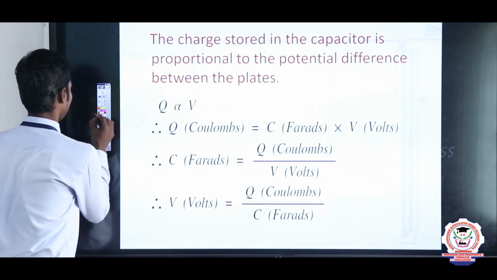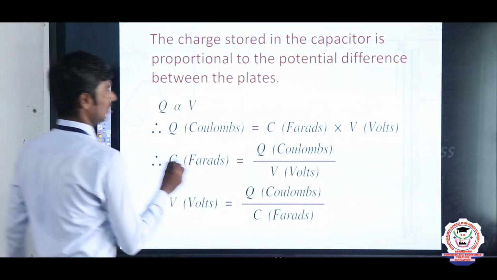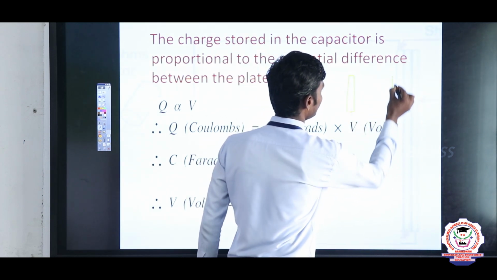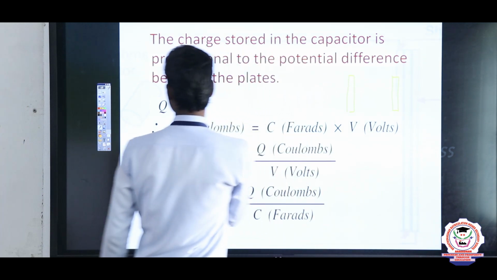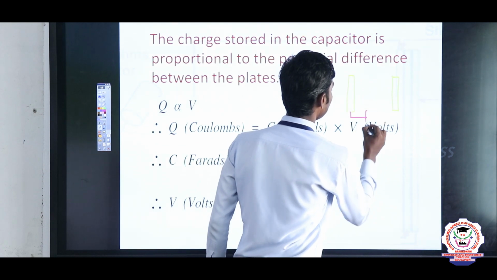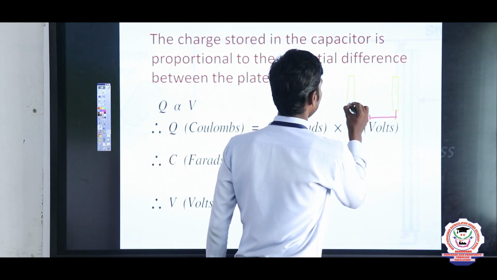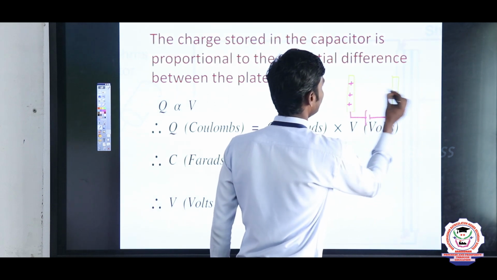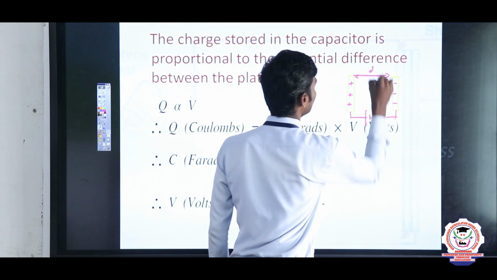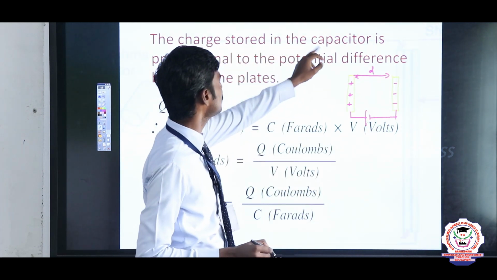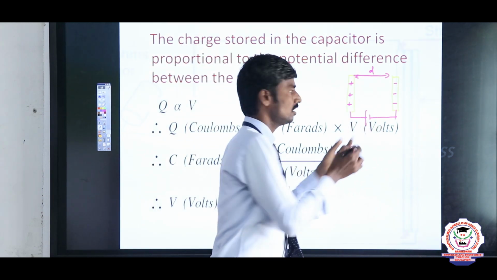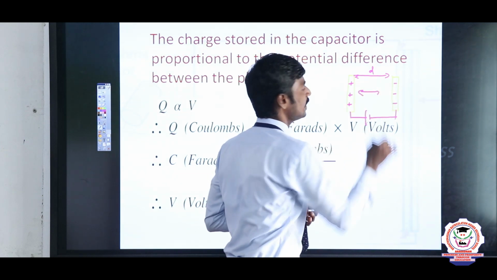These are two parallel plates connected with a battery. Here positive charge and here negative charge accumulate, separated by a small distance D. As the battery voltage increases, the charge stored in the capacitor also increases.